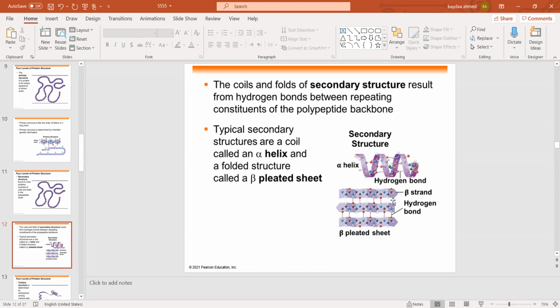The other secondary structure is the beta pleated sheet: two or more segments of the polypeptide chain lying side by side, called beta strands, are connected by hydrogen bonds between parts of the two parallel segments. This form of secondary structure we call the beta pleated sheet, and the other is the alpha helix.